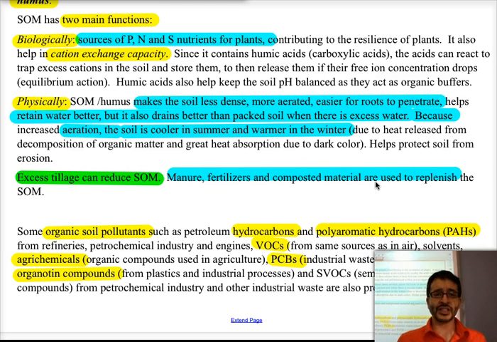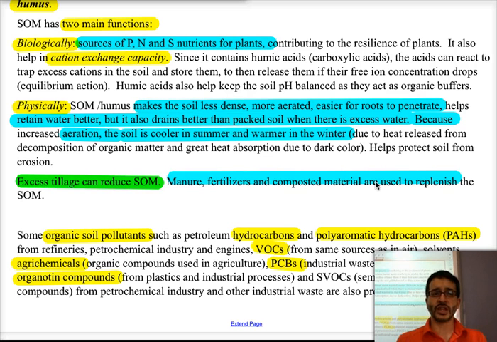We have VOCs, the volatile organic compounds, PCB from industrial waste, agricultural chemicals like organic phosphates and organotin compounds that are used for pesticides, etc. And all of those can enter the soil and also cause some of that soil degradation, which we were talking about, the idea of soil pollution. All right, but these are some of the ones that have organic components in them.